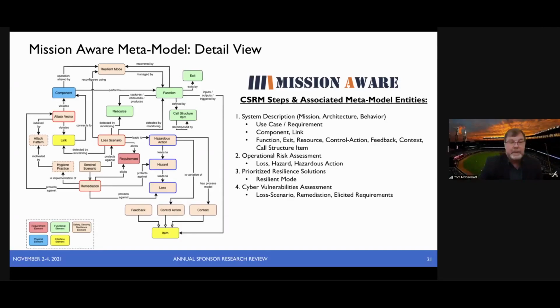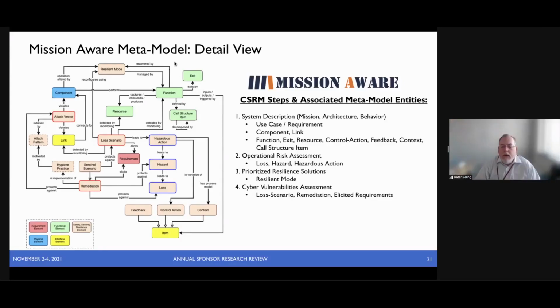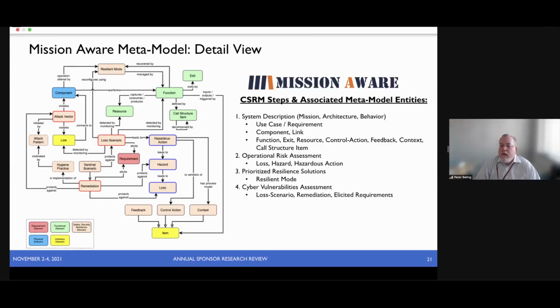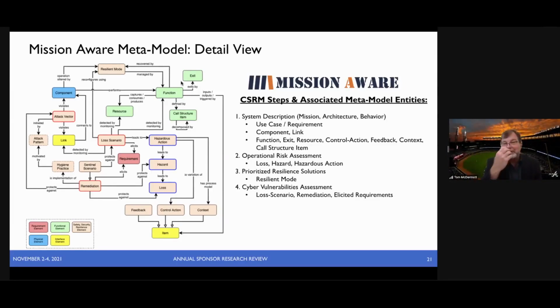Yeah, so Brian Nolan asks, where do states come into play in this meta model? Okay, you want to take that one, Tom? You're our state machine expert. Yeah, so states would be represented in this meta model as part of the functional structure.